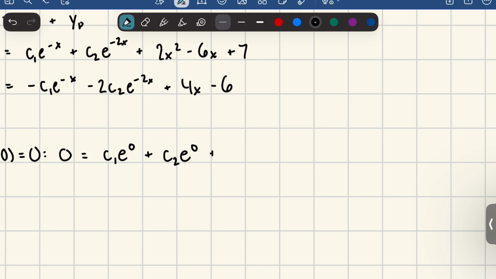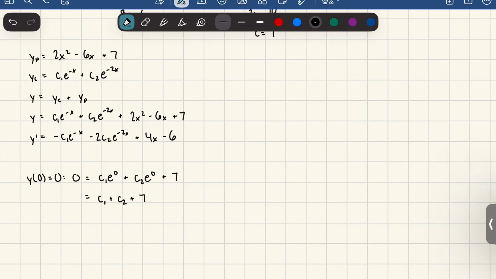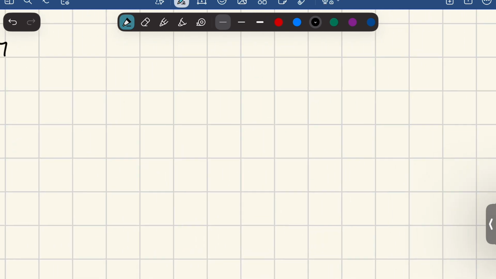So I'm just going to have plus 7, equals 0, e to 0 is just 1. Alright, so I'm not going to be able to isolate anything because I have both C1 and C2 there. So what I like to do is just do the y prime and see if I can isolate something there and sub them into each other.